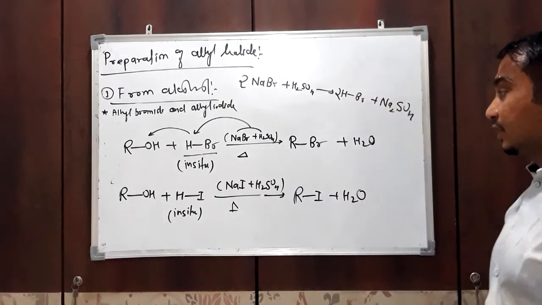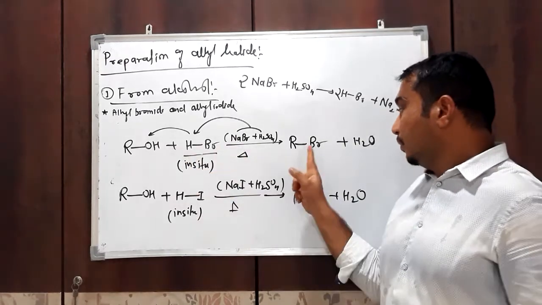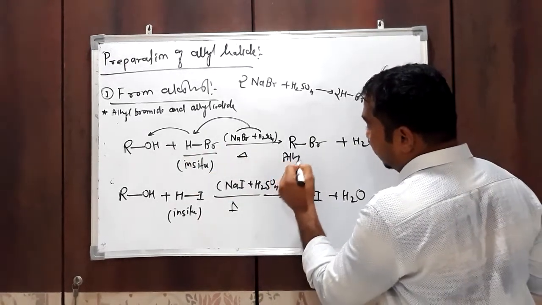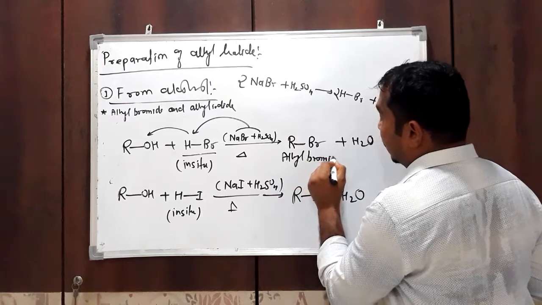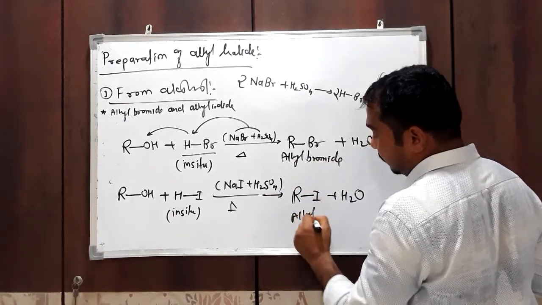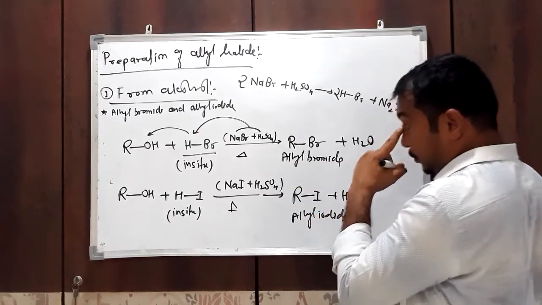Okay, so by using this reaction we can prepare alkyl bromide and alkyl iodide. Okay, very simple.